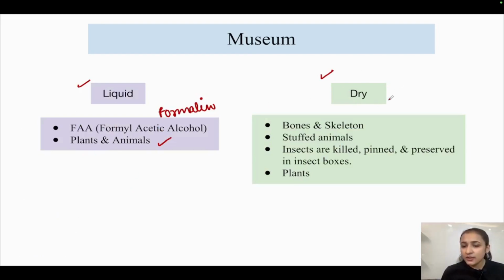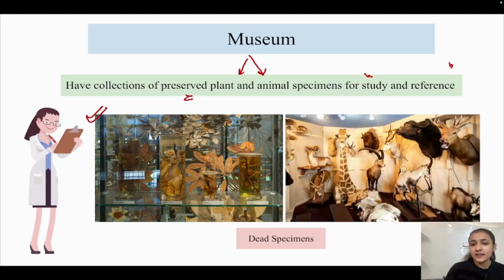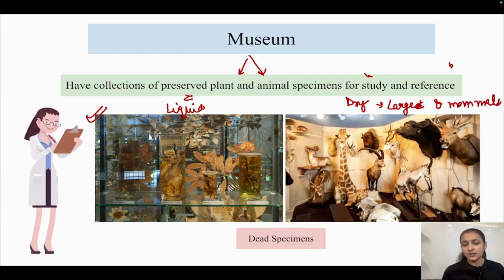Now coming to dry preservation. Dry preservation is also done for both plants and animals. In the dry method of preservation, the animals are stuffed. As you can see in the second picture, this was liquid preservation and this was dry preservation. Here you can see stuffed animals. What kinds of animals are usually stuffed? Usually large-sized animals, mammals and birds are stuffed.